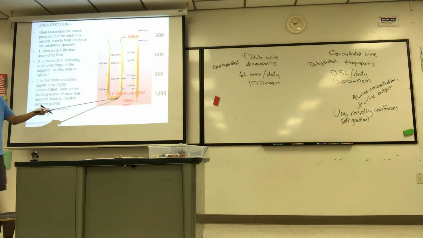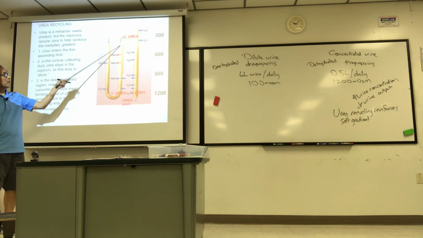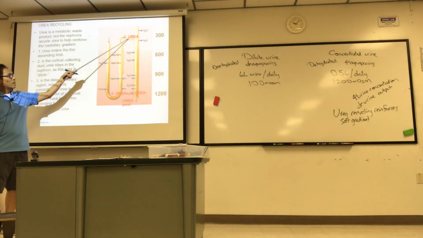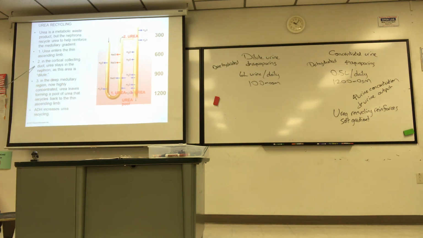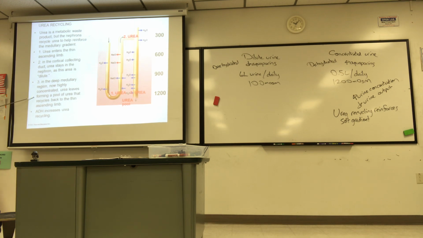So urea here, number one, it enters the top of the collecting duct there. In the cortical collecting duct, urea stays in the nephron because it's kind of in a dilute environment. But deep in the medullary region, now highly concentrated, urea will leave, forming a pool of urea that recycles back to the thin ascending limb.